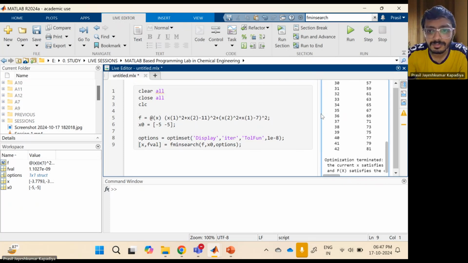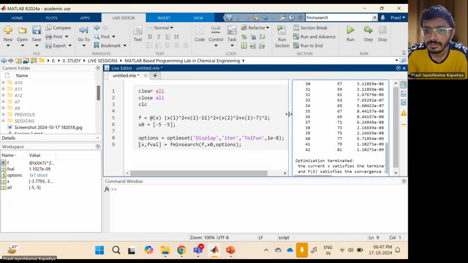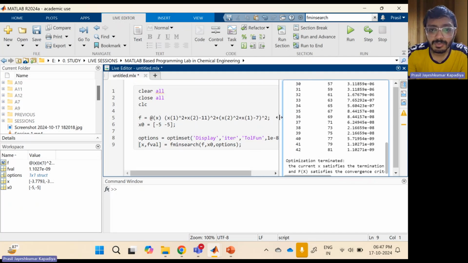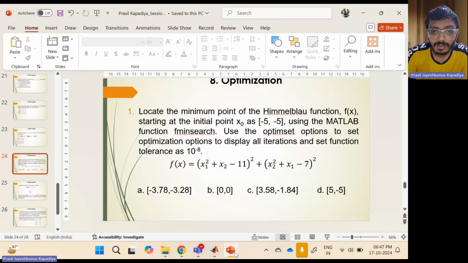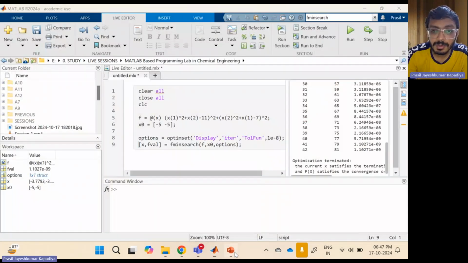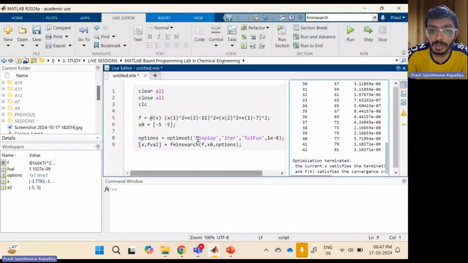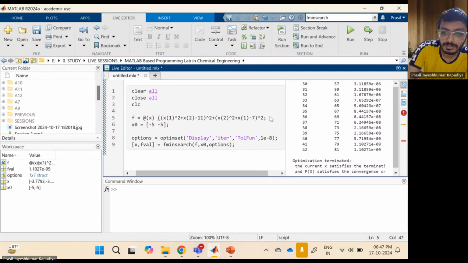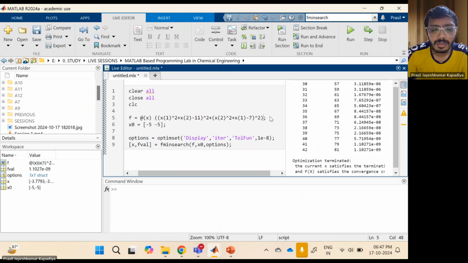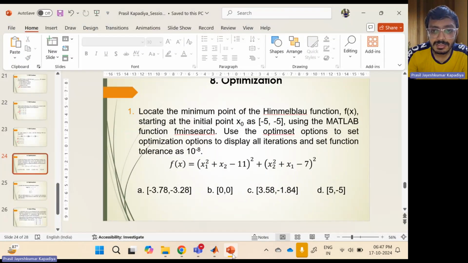Why? x1 square plus x2 minus 11 whole square plus x2 square plus x1 minus 7 whole square. This is correct. Minus 5 is my initial guess.